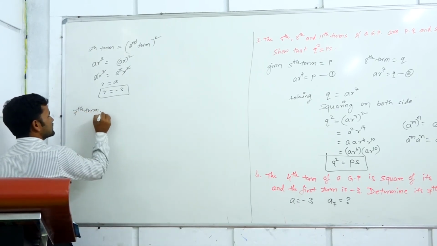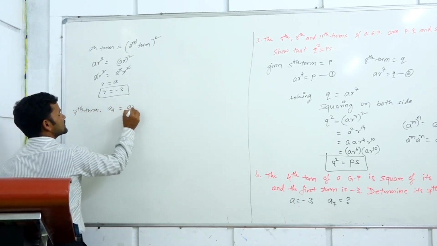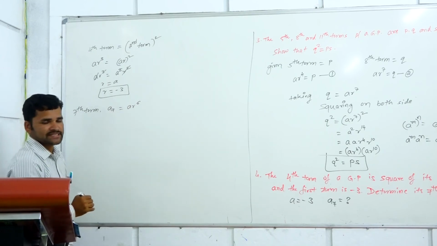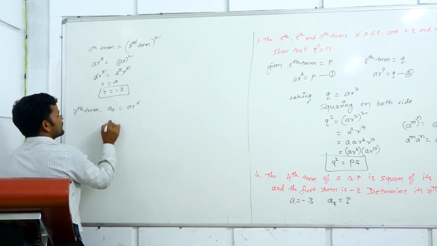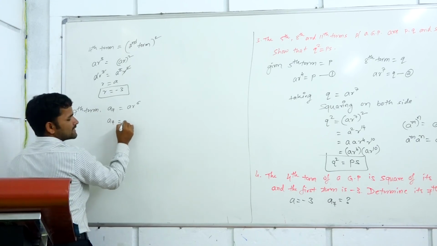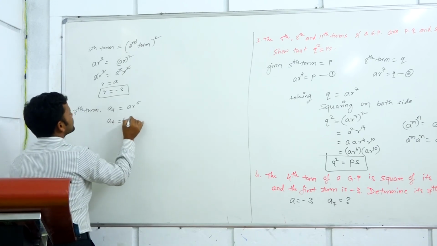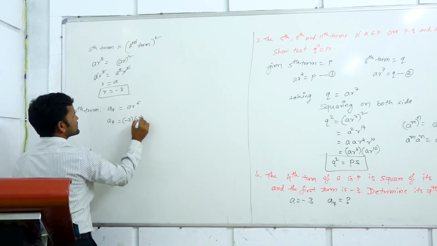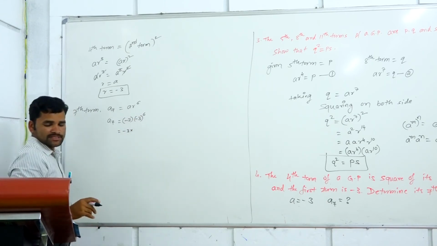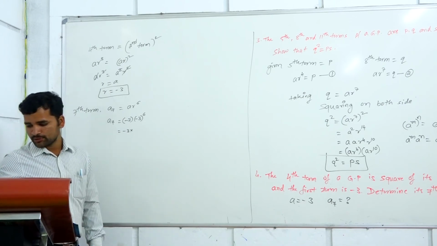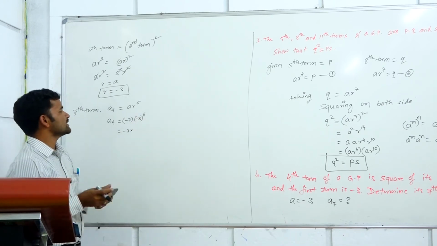Seventh term, a7 is equal to a into r is to 6, because a into r to the power of n minus 1. A7 is equal to a is minus 3 and r is also minus 3 whole to the power of 6. That is nothing but minus 3 into, how much is this? Minus 3 to the power of 6. Minus 1 is there.